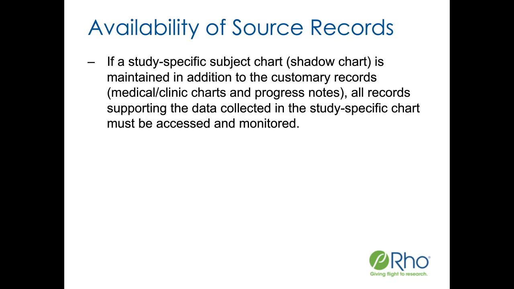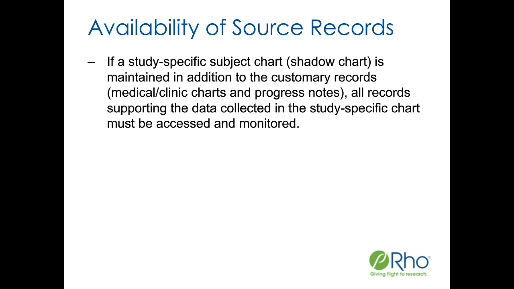If study-specific charts, also known as shadow charts, are maintained in addition to the standard record-keeping practices at the site, then all the records supporting the data collected in the study-specific chart must be assessed and monitored. In some cases, you may want to establish a procedure with the site at study initiation to determine how this would be done.